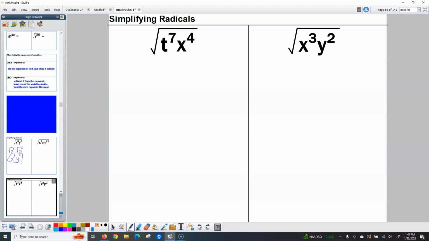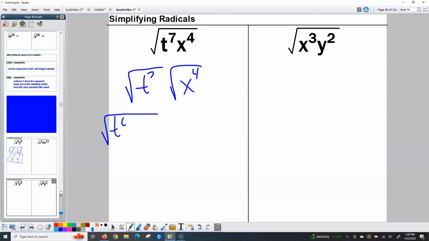So that's the square root of all that stuff up top. When it gets tricky is when I have an odd exponent. So I've got to separate these into t to the 7th and x to the 4th. I'm going to rewrite t to the 7th as t to the 6th times t. Separate it, square root of t to the 6th, square root of t. That would be t to the 3rd, square root of t.